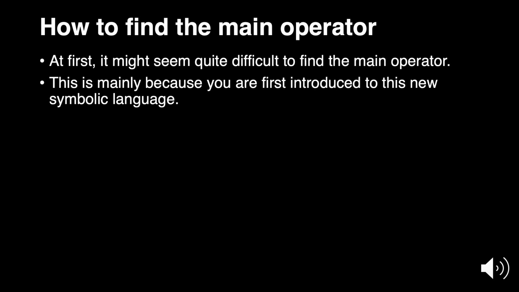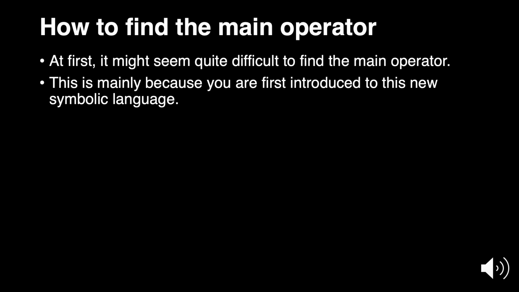Now, many of you ask, hey, how can I find the main operator of a given formula? At first, it might seem quite difficult to find the main operator. I think this is mainly because you are just introduced to this new symbolic language, so you're not really familiar with it.